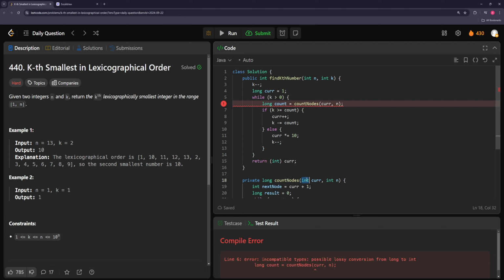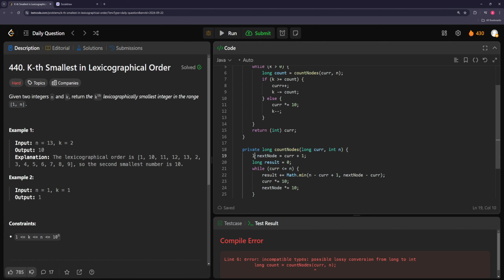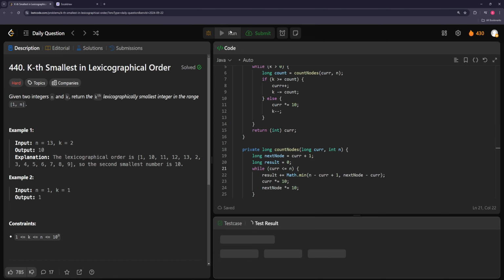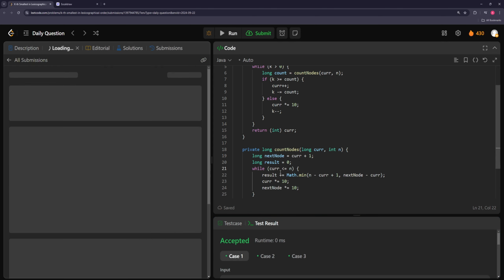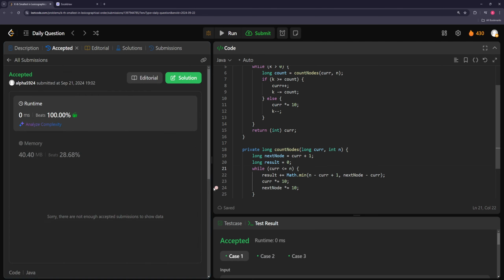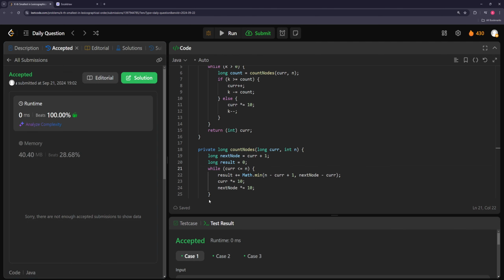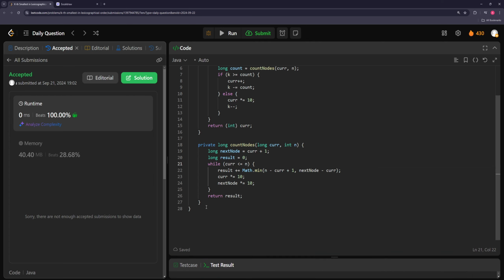Oh, right. So let's just make this long as well then. So make this long, make this long. Okay, there we go. Interesting, not enough submissions.